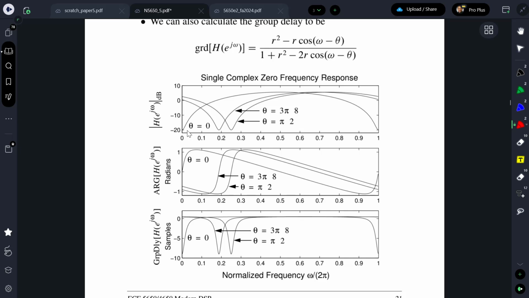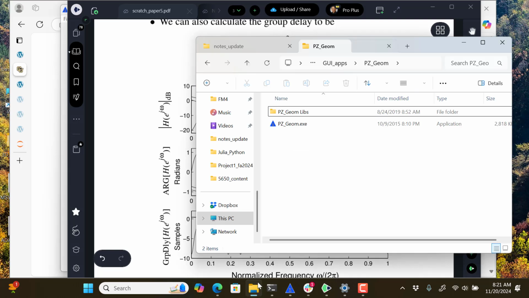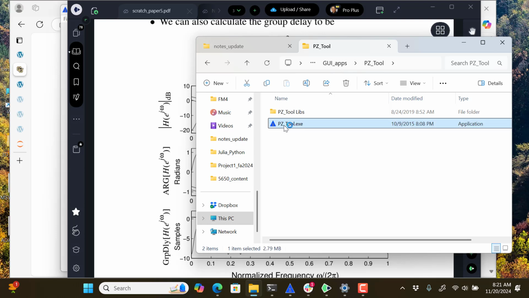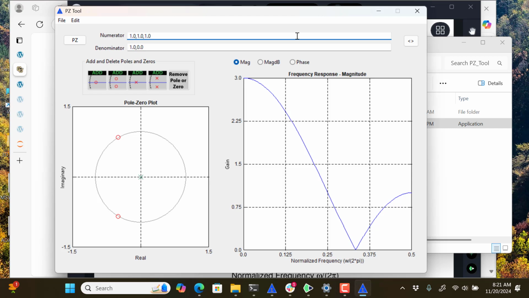I don't have it set up in the software right now for that. I have another app I'll run a little bit later, or maybe I can run them both together. I'll be daring and see if I can run them both together. So I have another app called PZ Tool, and it allows you to place things arbitrarily.